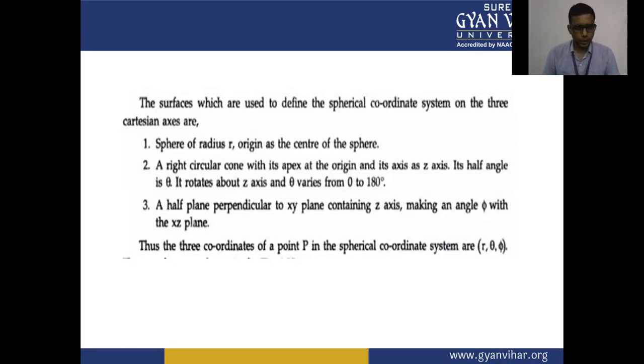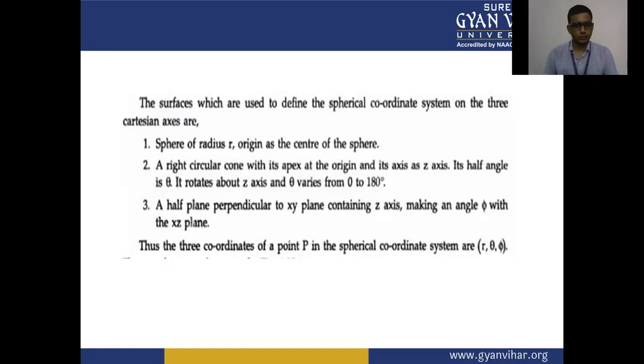It rotates about the z-axis, and theta varies from 0 to 180 degrees. The third is a half plane perpendicular to the xy plane containing the z-axis, making an angle phi with the xz plane. Thus, the three coordinates of a point P in the spherical coordinate system are r, theta, phi.